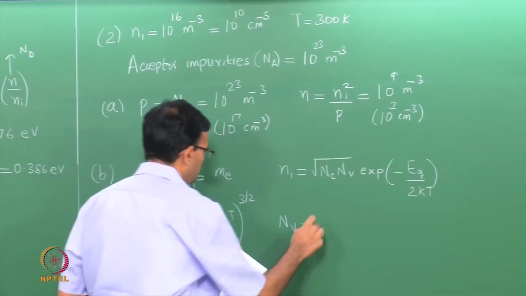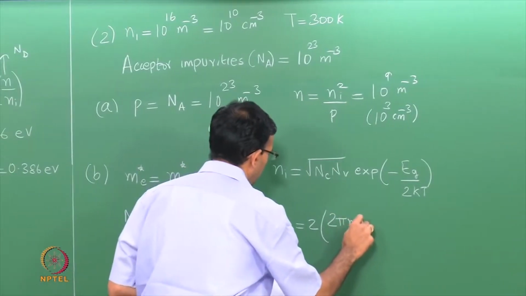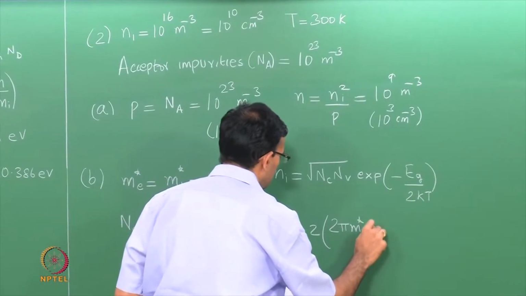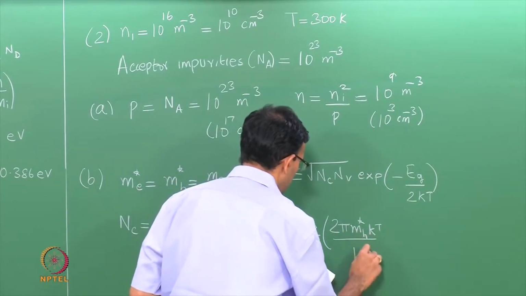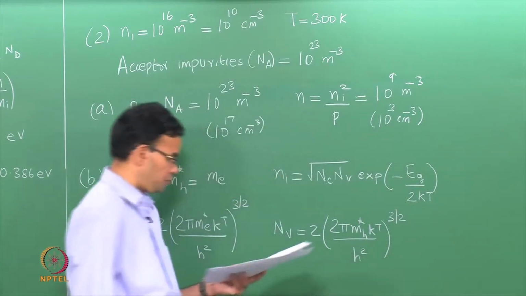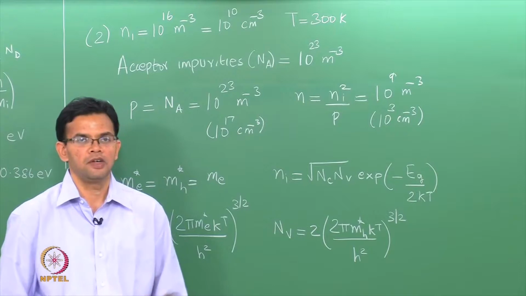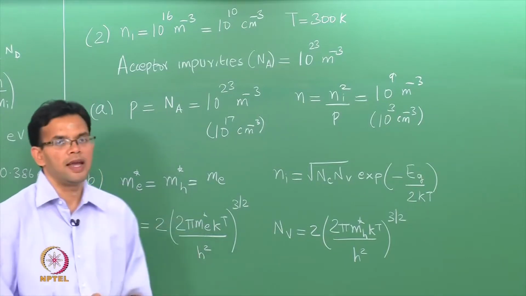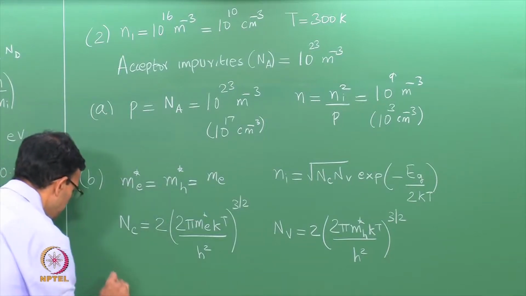Nv is 2 times 2 pi Mh star kT over h square whole power 3 over 2. Me star and Mh star values are given, they are equal to the mass of the electron. So, we can evaluate Nc and Nv.